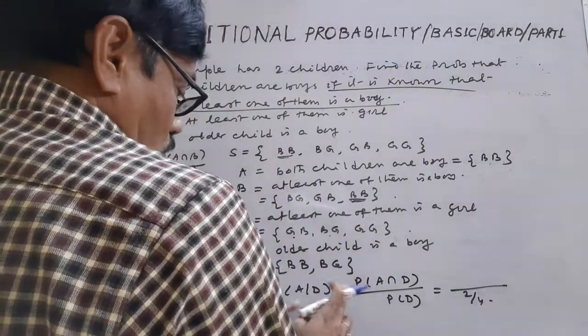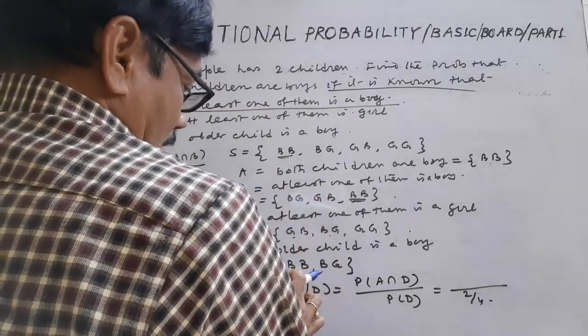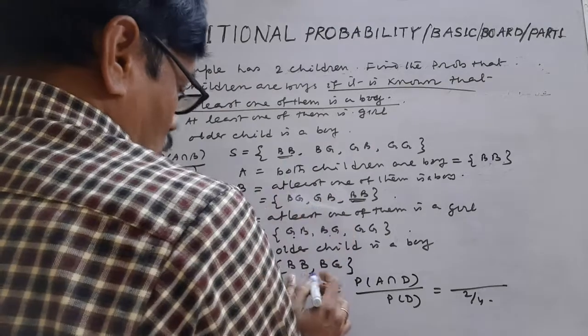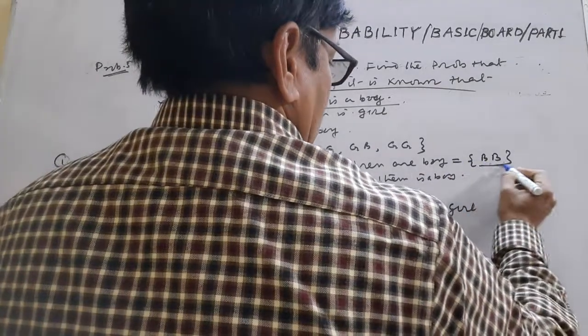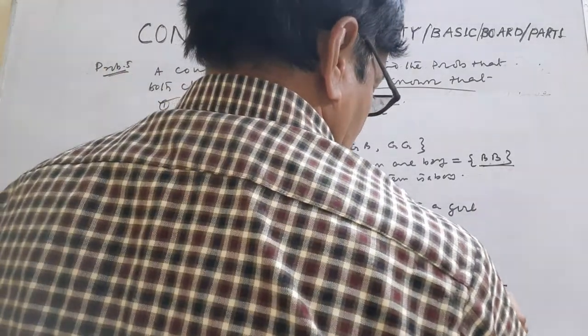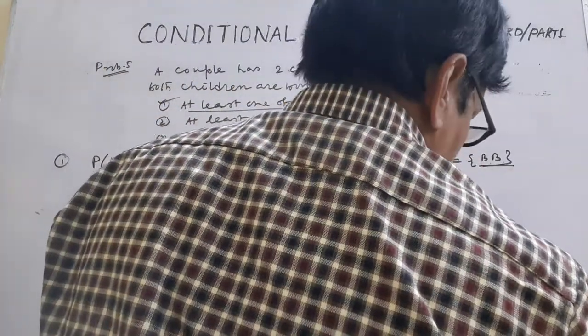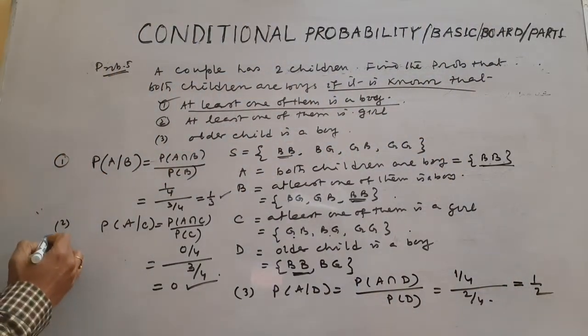So what is common of A and D? A is BB, so BB is common. So this is 1 by 4. So finally we are getting half. So the probability is half.